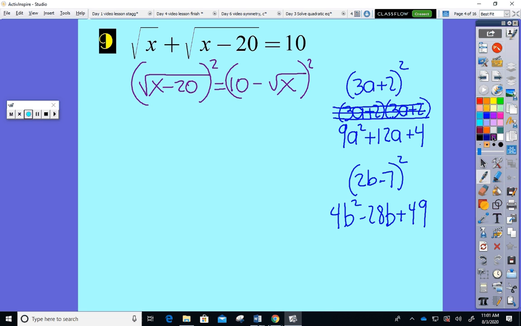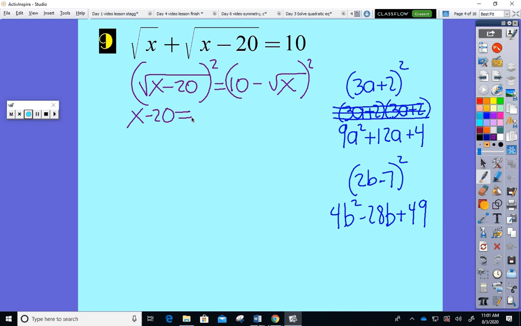What is the square root of x minus 20 all squared? That's the easy side. But look here, on the right side, I've got to square a binomial. All right, guys.